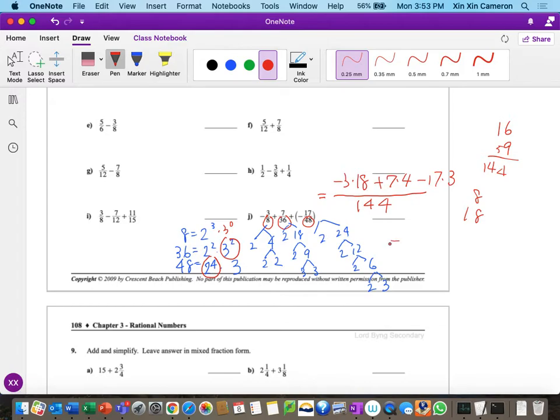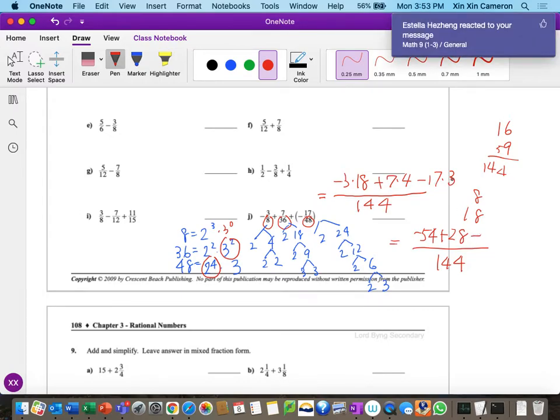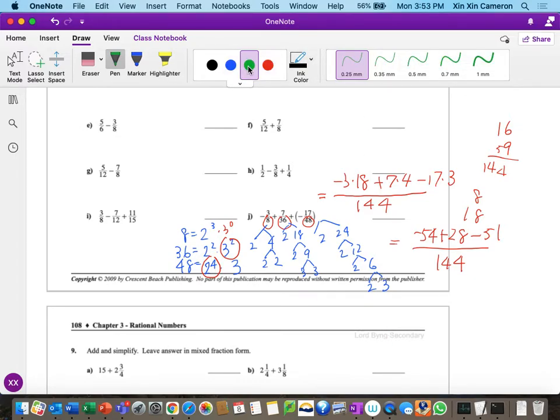So then here we go. It's the same thing, 144. Okay. 3 multiplied by 18, then it's negative 54, plus 7 multiplied by 4, which is 28, and subtract, this is 51. All right, so now again, I am going to put negative 54 and negative 51 together.